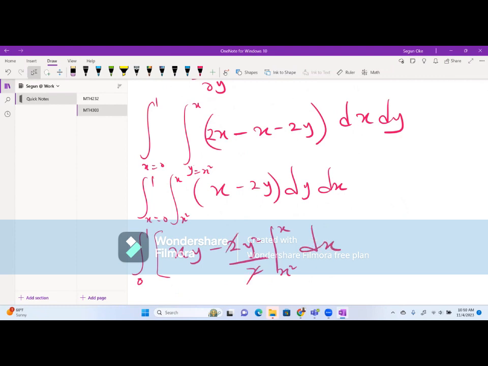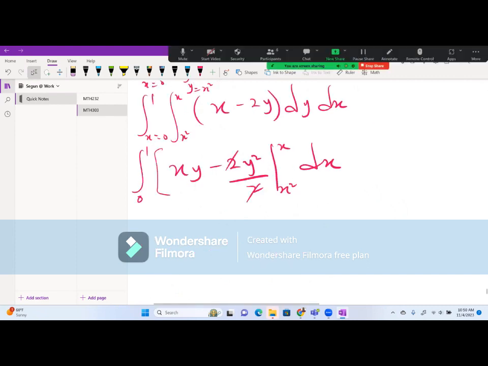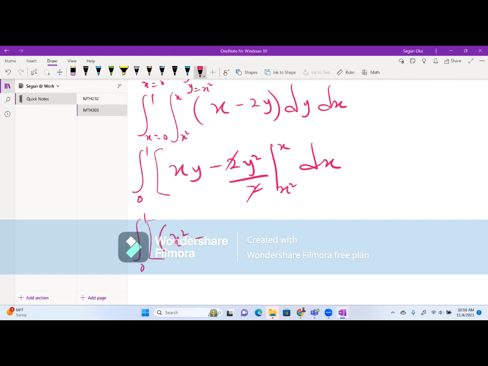So this one will cancel this. What do we have? We have the integral of 0 to 1. Substitute the value. Upper limit minus lower limit, meaning I have x squared minus x squared. You see? x squared minus x squared. Minus lower limit. Lower limit will be x cubed minus x squared, x to power 4, because my y is squared here.